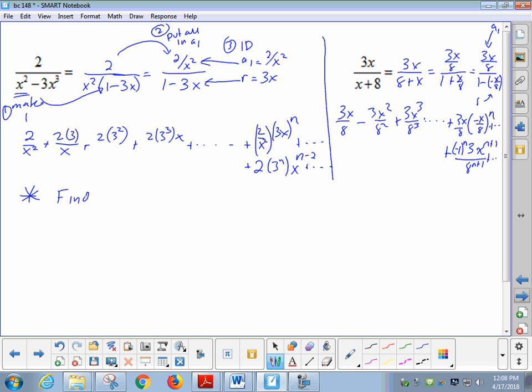Find the infinite sum: 3 times 1/2 over 8 minus 3 times 1/2 squared over 8 squared plus 3 times 1/2 cubed over 8 cubed. Exactly.